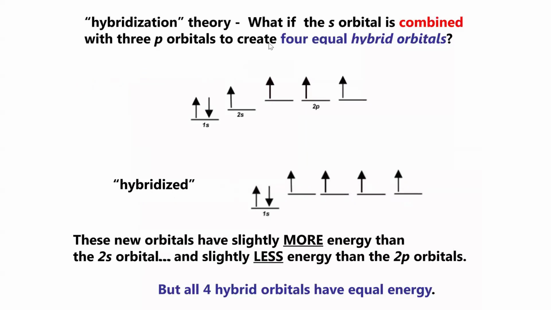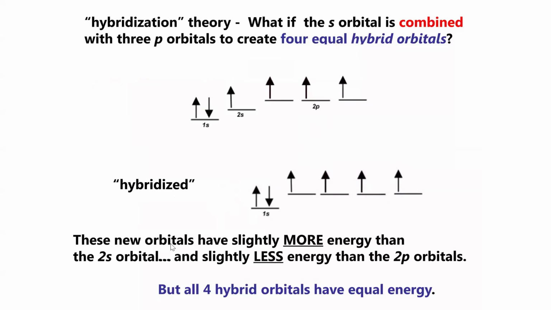So hybridization theory asks: what if the s orbital is combined with the 3p orbitals to create 4 equal hybrid orbitals? That is what actually happens. We have our 1s, our 2s, and our 2px, 2py, 2pz.